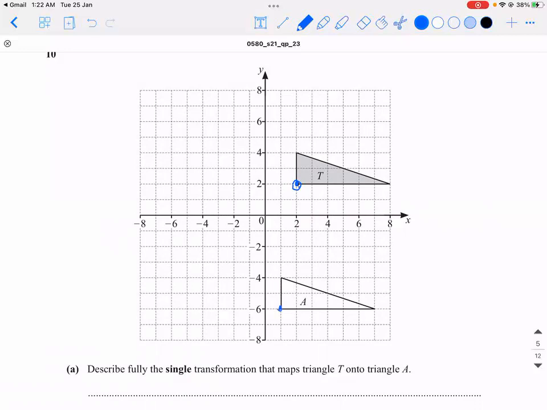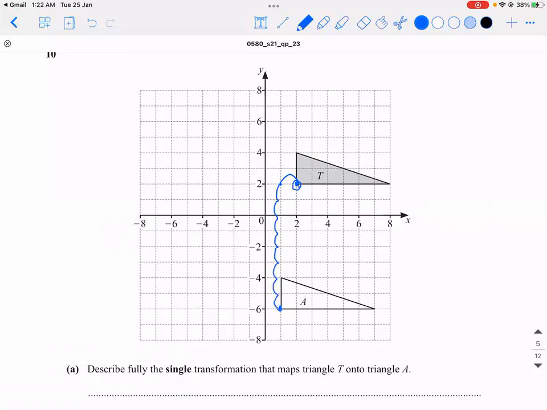So what is the initial coordinate of this vertex? That is (2, 2), right? So what happens to this? It is translated 1 unit horizontally left. And then it is translated how many units, my dear students?